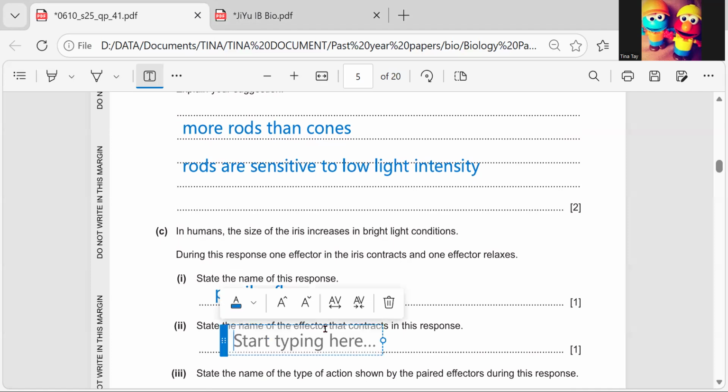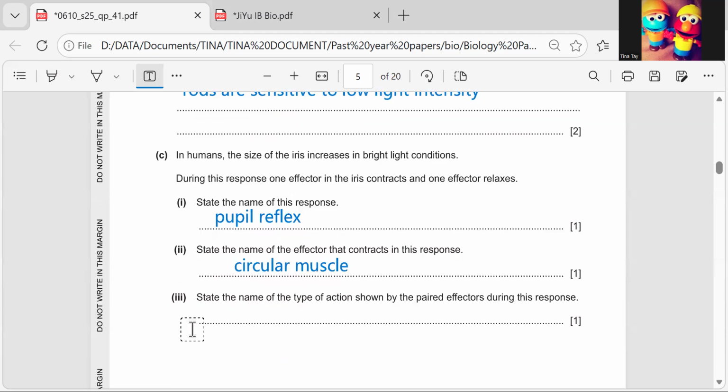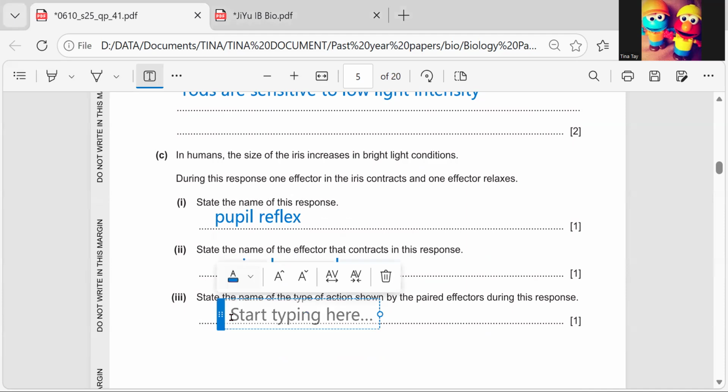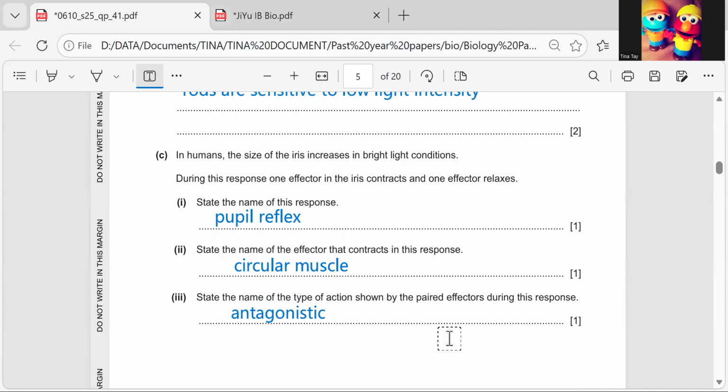Bright light is circular. Radial is to make it big. The name of the action, where one is the opposite, is antagonistic.